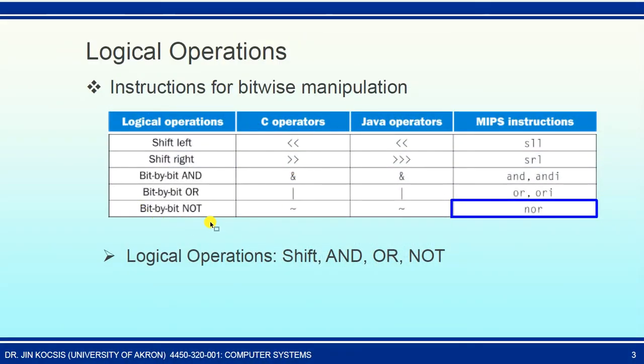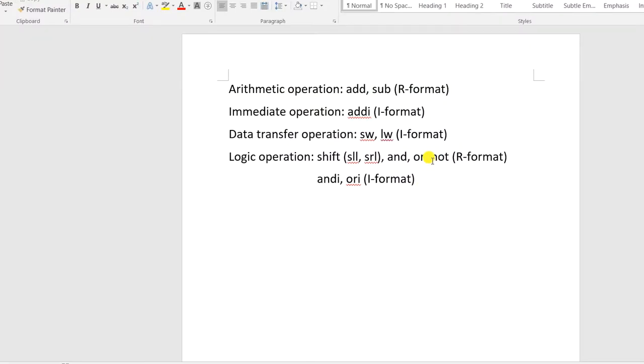And the bit by bit NOT logic, this one is actually a little bit different. You said bit by bit NOT, right? So based on the representation from the previous logic, you would write it as a NOT here. But here, surprisingly, they use NOR as the instruction notation. So basically, instead of using NOT, they're using NOR as the notation, although the main purpose is to represent NOT.